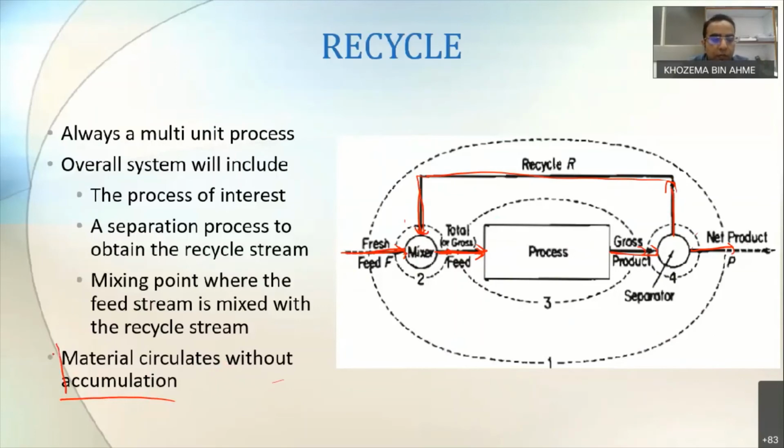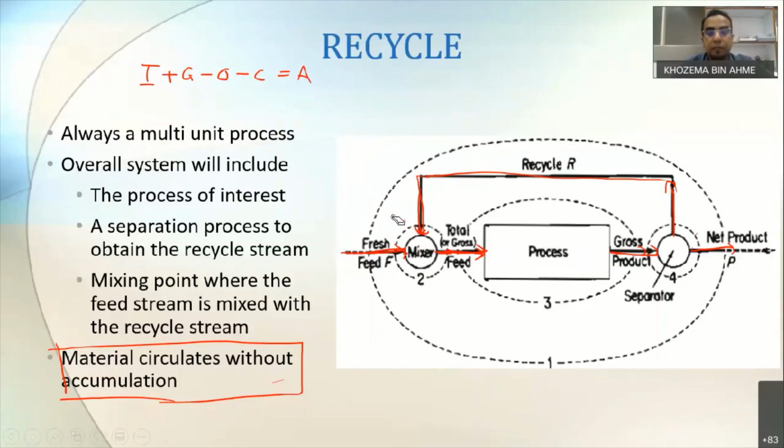That's why when we are dealing with our material balance, if you remember the equation, input plus generation minus output minus consumption is equal to accumulation. This is our general equation. But since we say that for a reactive system, for a non-reactive system, and now for a recycle system, there will be no accumulation, it is equal to 0.